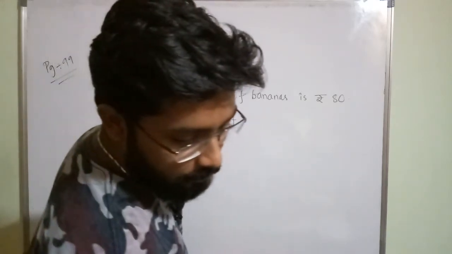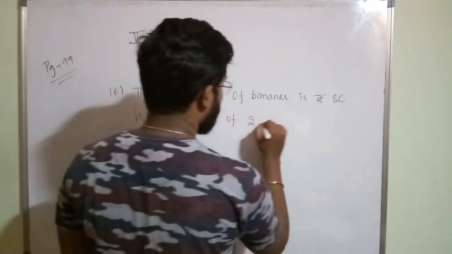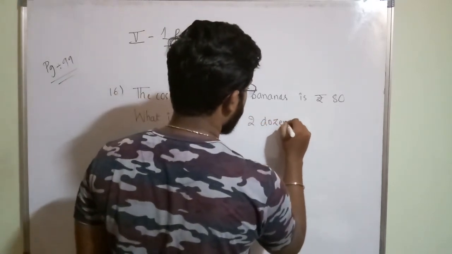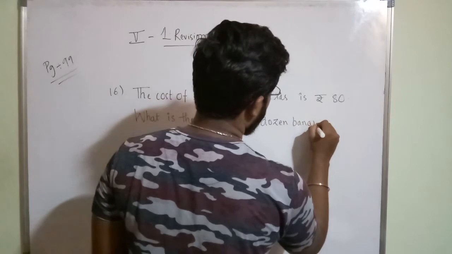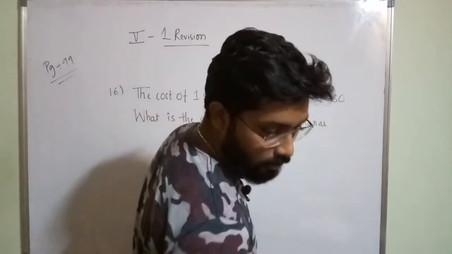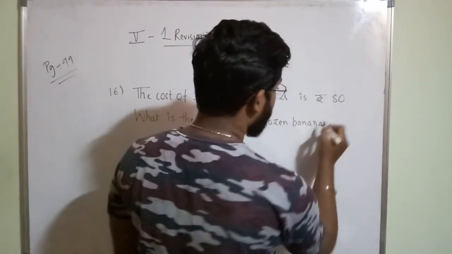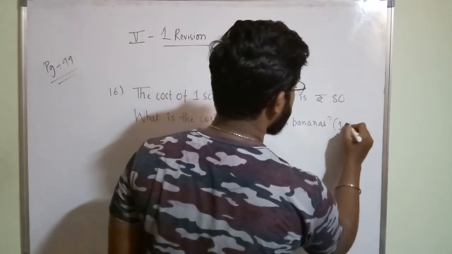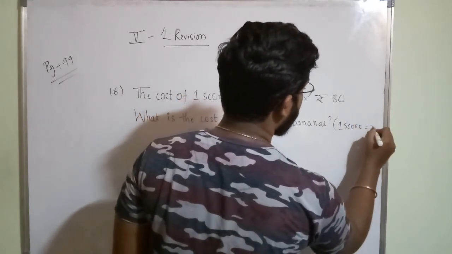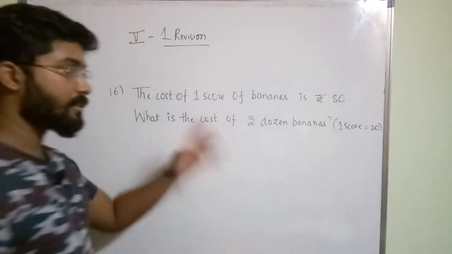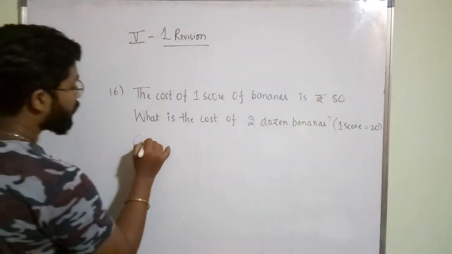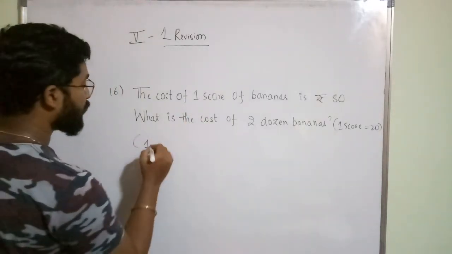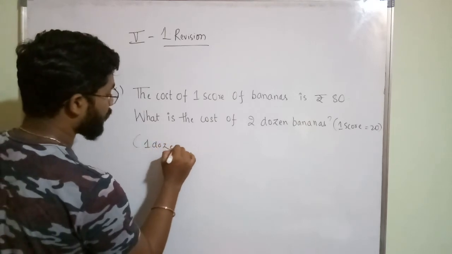Okay, what is the cost of 2 dozen bananas? In bracket he gave one score equal to 20 bananas. Okay, one score equal to 20 and 1 dozen equal to 12.